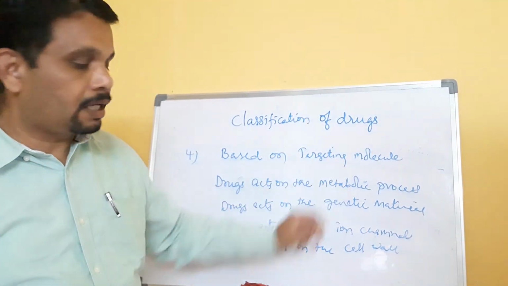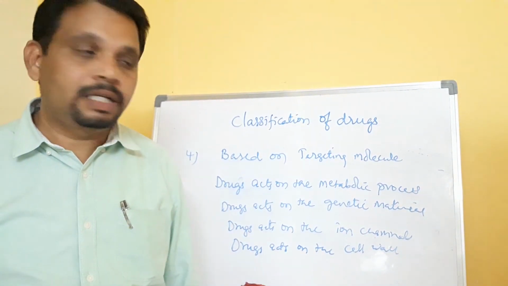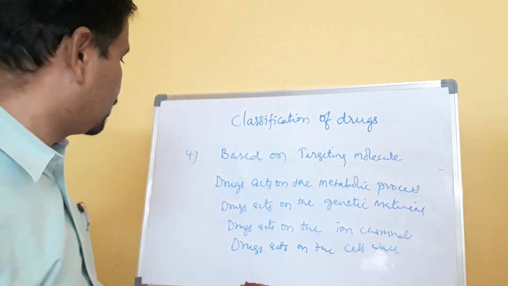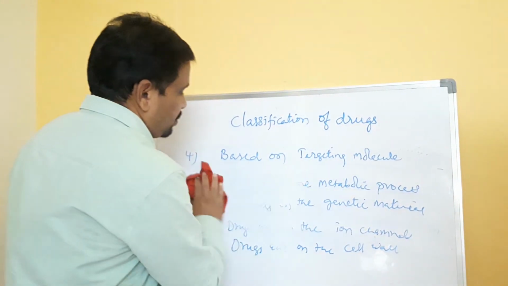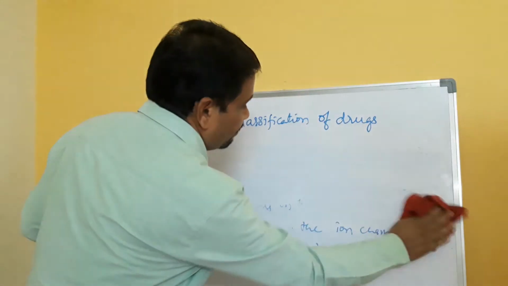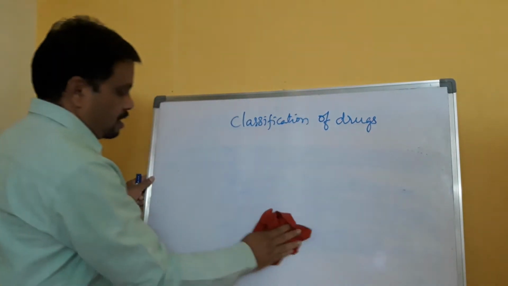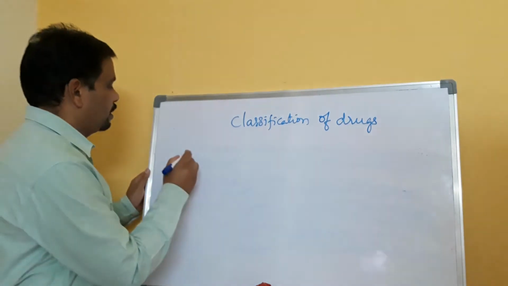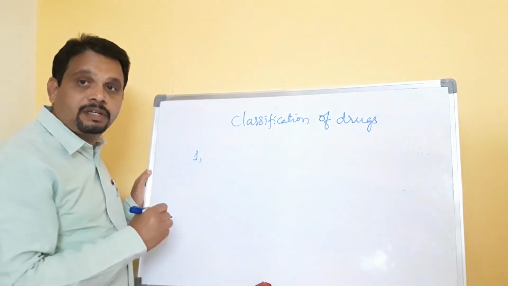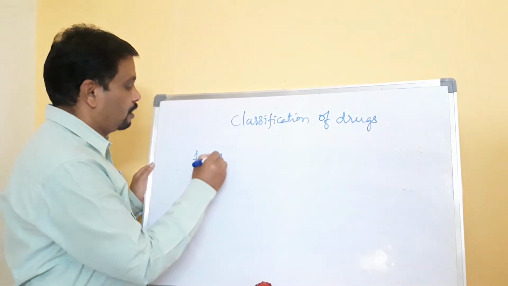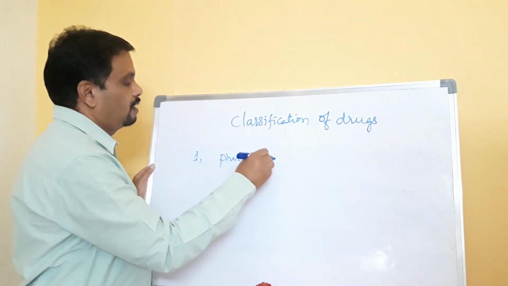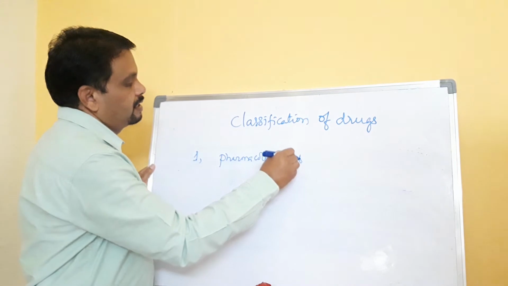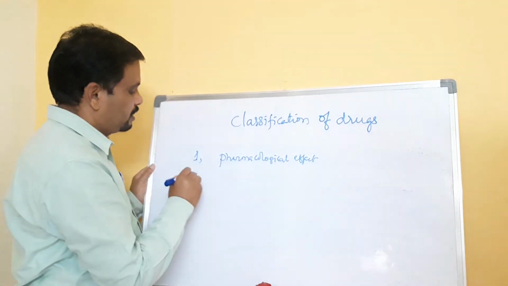Based on the targets, we can classify drugs into different categories. So these are the different classifications of drugs. I hope you will understand. What about the first one? On the basis of pharmacological effect. What about the second classification?